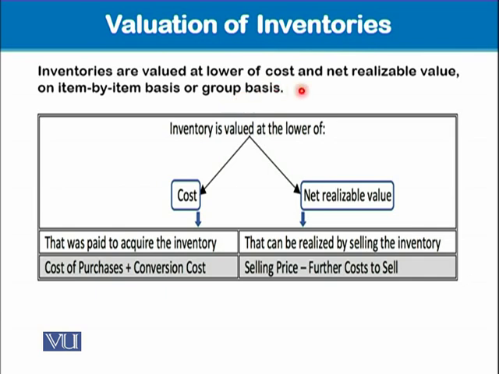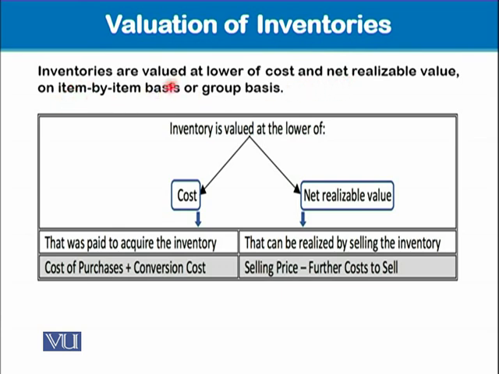The accounting policy is that inventories are valued or measured at the lower of cost and net realizable value. Whatever is lower, the cost or the net realizable value, we will measure our inventory at the lower amount.